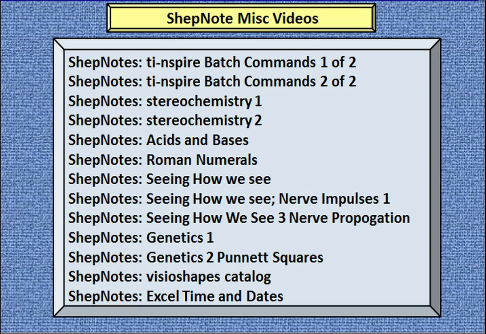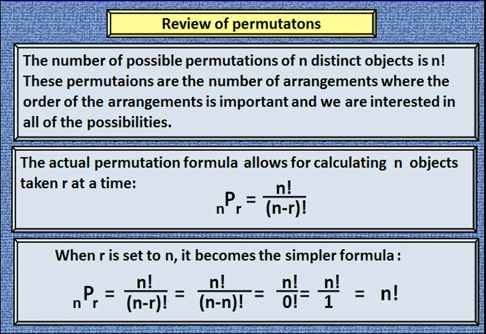Although new videos may be added to the group of subjects, focus is currently on creating a comprehensive collection of videos on the various aspects of statistics, probability, and all of the supporting subjects required for a useful understanding of statistics. Before we tackle combinations, let's make a review of permutations.